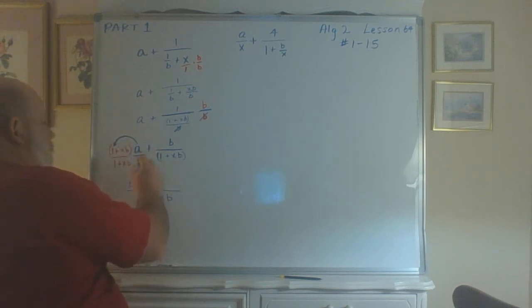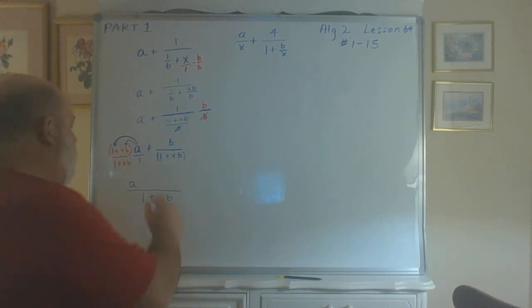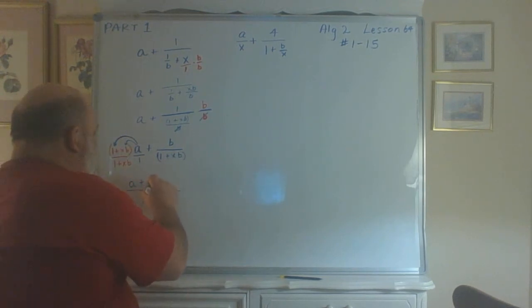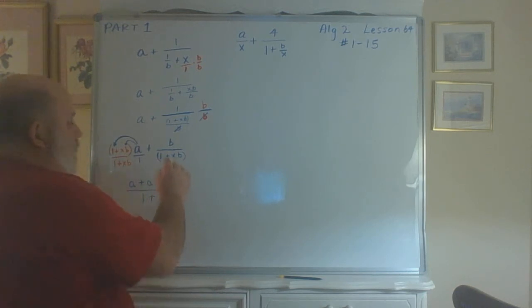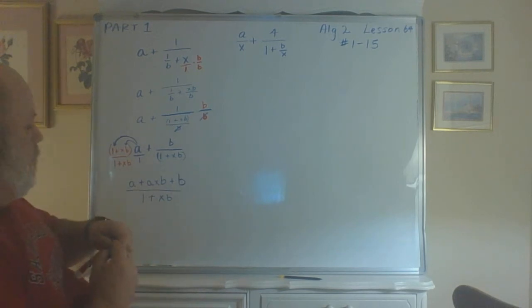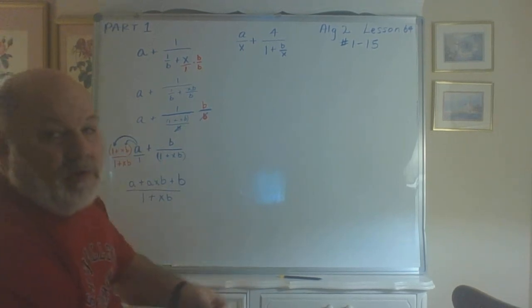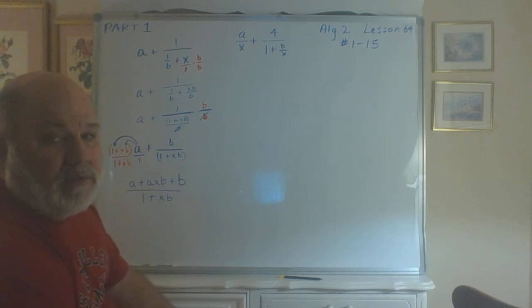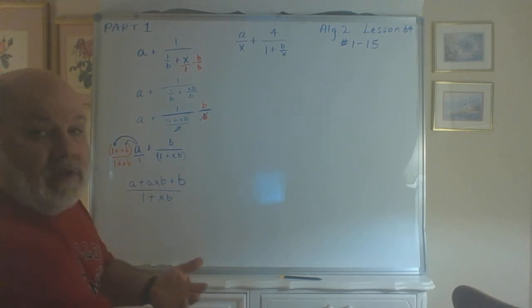That's a. It also gets multiplied by the xb. That gives me axb. And then plus the b from the second fraction. There we have it. Now, I said this is your last step, or possibly your next to last step. In this case, it is our last step.